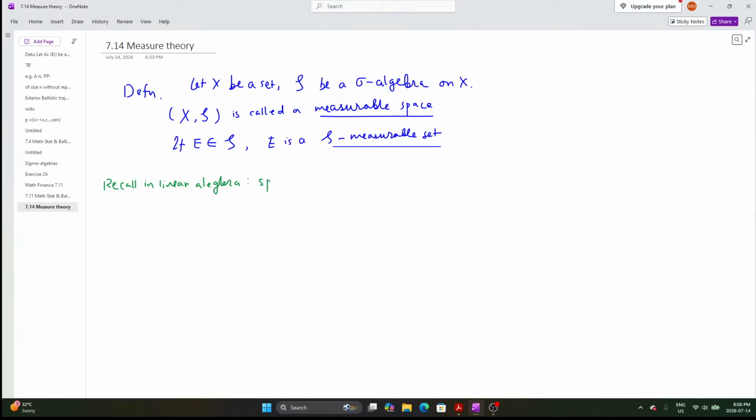Let V be a vector space, a general vector space, and let S be a subset of V. What is the span of S? The span of S is defined as the smallest subspace of V that contains S.